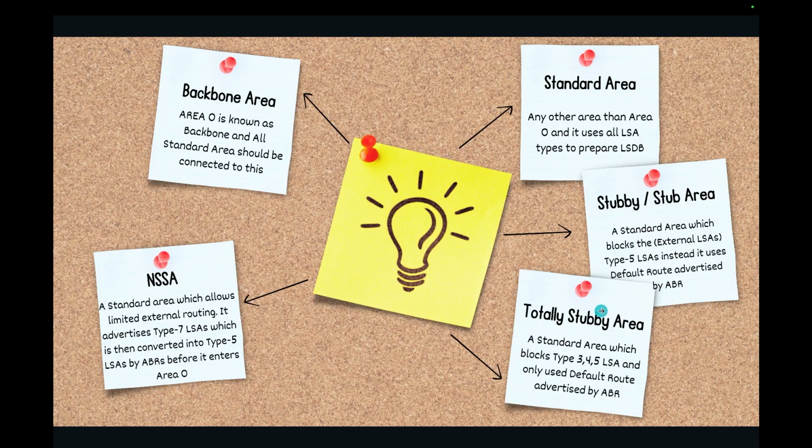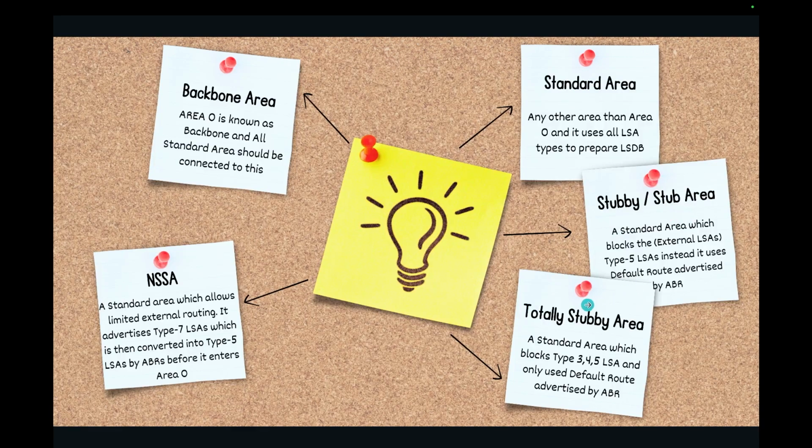The next area is the totally stubby area. This area is not used by many customers, it is not used in many configurations, but it's there, so you should be aware of this totally stubby area. That's another variant of stub area.